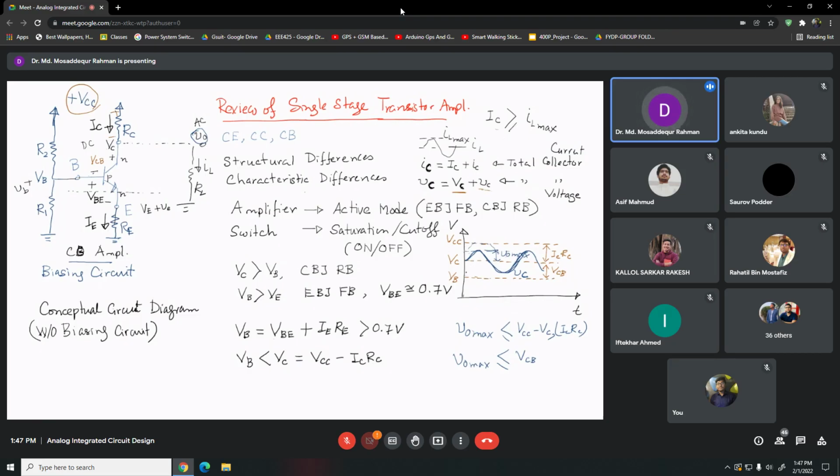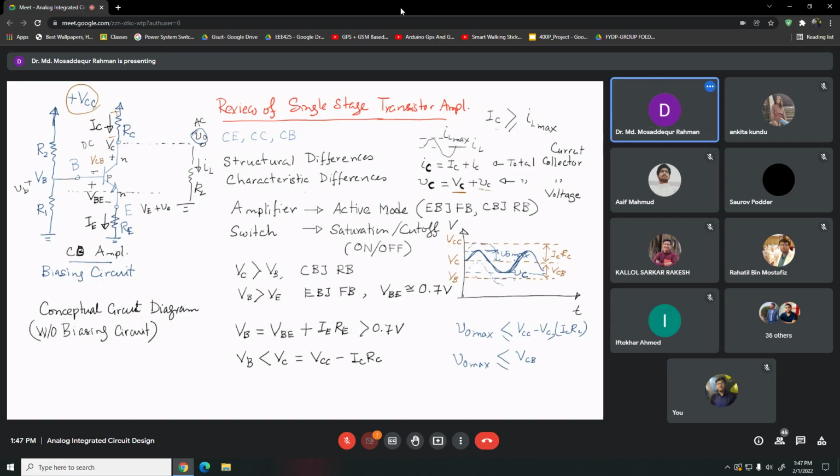Or if VC is too low, very close to VB, still reverse biased, you will say that it is in active mode, but it will not be able to accommodate the negative half of the signal. You get cut off here. So you will not get the correct signal at the output.